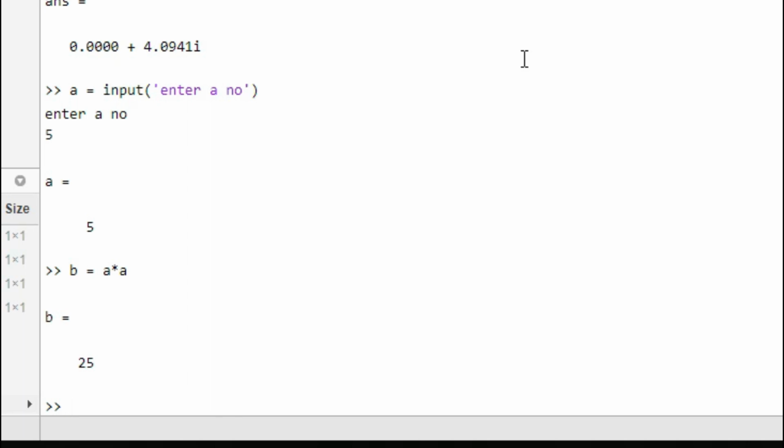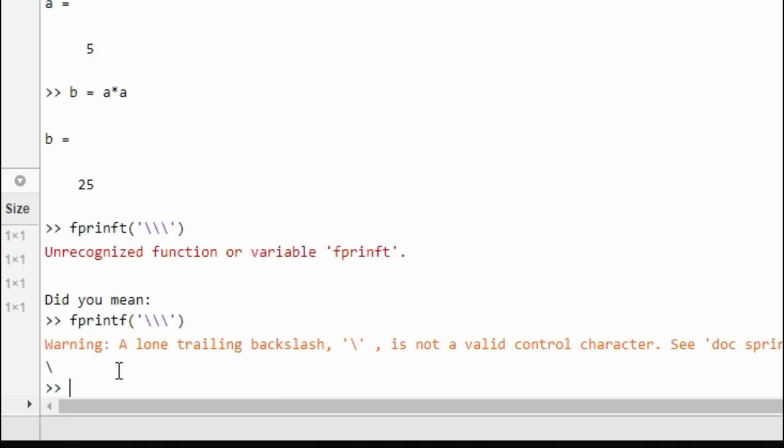So now we have the printf function. Previously we worked on the printf function in the hello world program. So let's try a printf with a single quote and 3 backslashes. So it gives a single backslash.